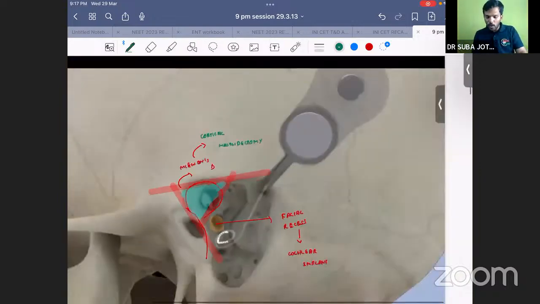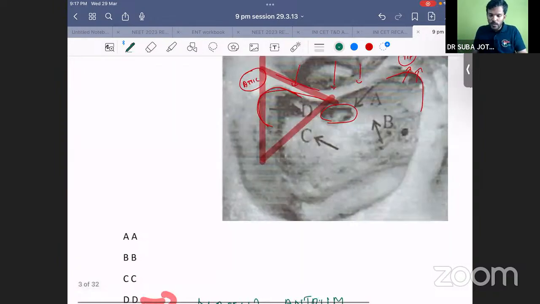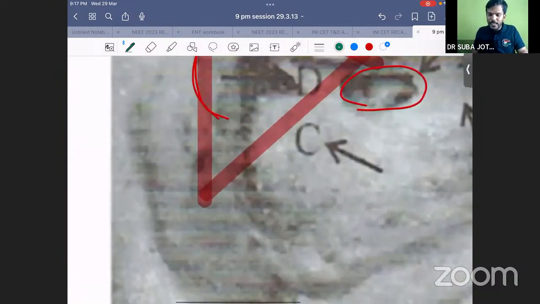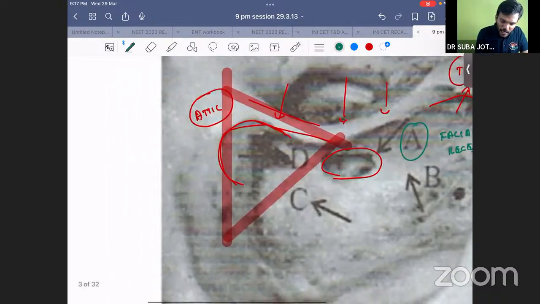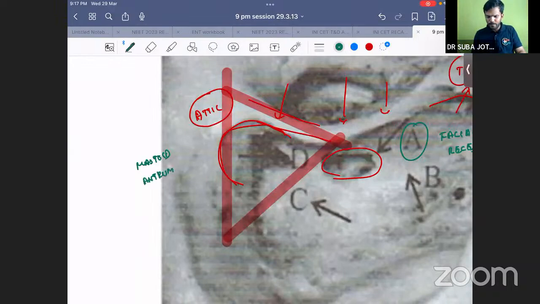All right. Now we'll get back to the question. See here. Now, can you clearly delineate the A over here is facial recess. The D over here is mastoid antrum. Okay.